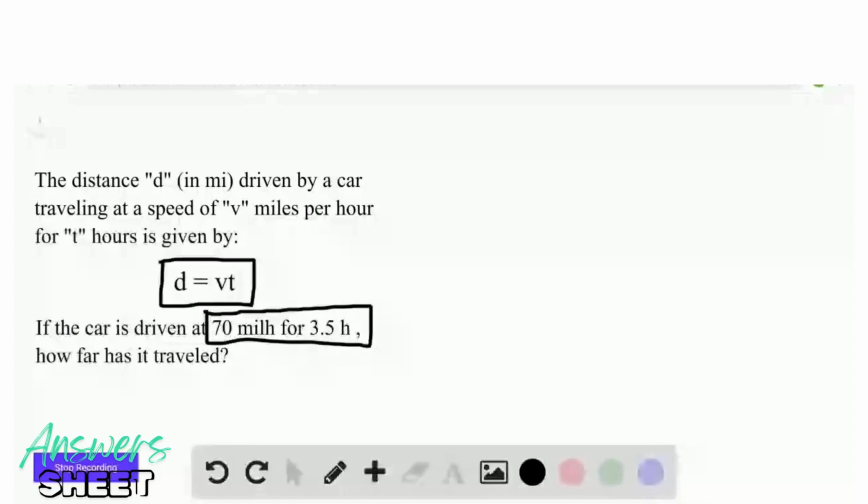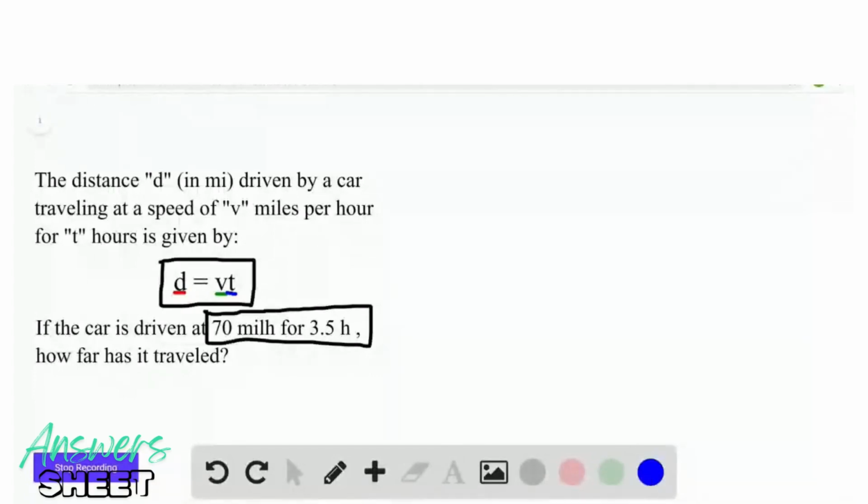So looking back at the first portion of the question, we have our variables d, v, and t. And let's assign these variables with different colors. So let's have d be red, v be green, and t be blue. All right.